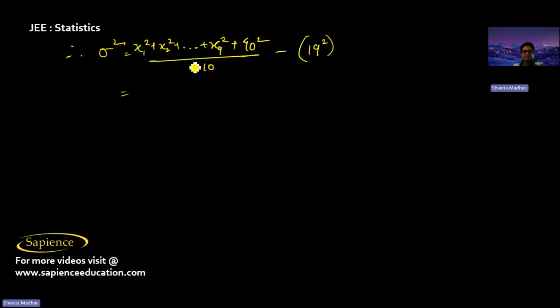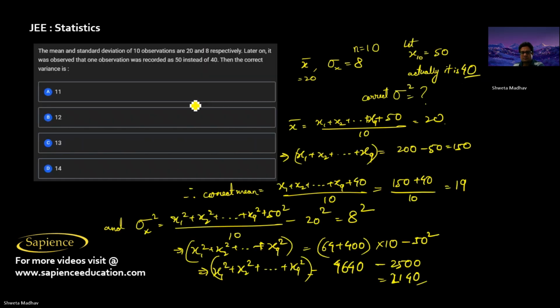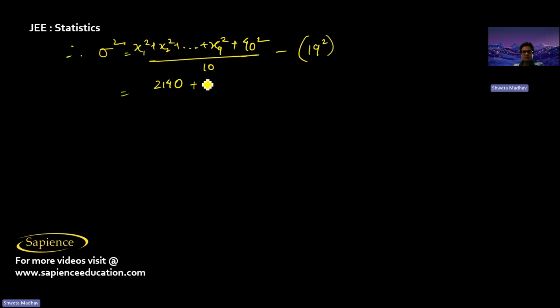So this is 2140 plus 1600, divided by 10, minus 19 square. Now 19 square is 19 into 19, or I can say 20 minus 1 whole square. So that is 400 plus 1 minus 2 times 20, that is 361.